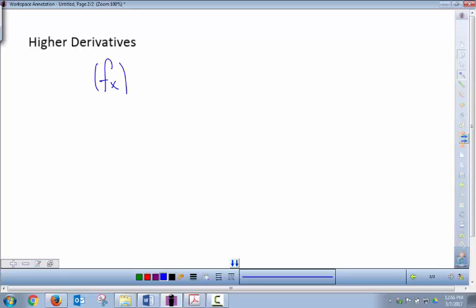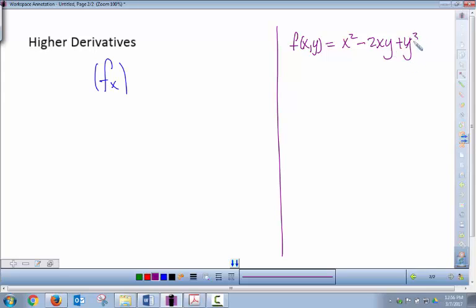So this is a function already. Maybe we should do an example at the same time. Let's do an example where we have f of xy equals x squared minus 2xy plus y to the third.